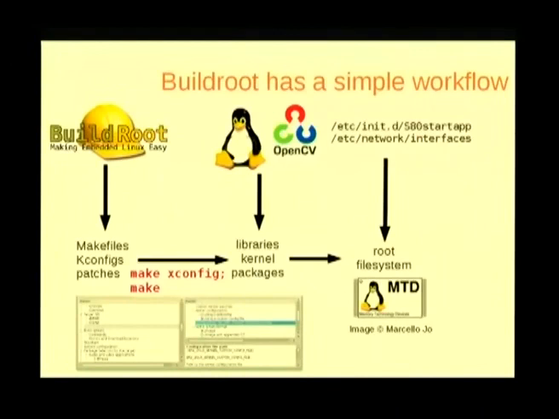So the building consists of downloading those packages, compiling them, and installing them into a target file system. And you end up with a root file system which is suitable for flashing directly to your flash, a kernel, a bootloader image, all the different components that you need.